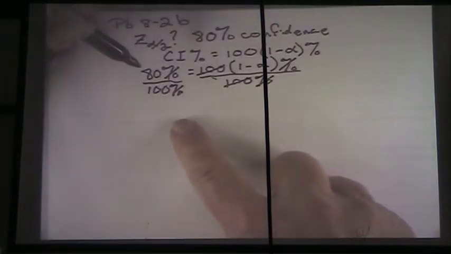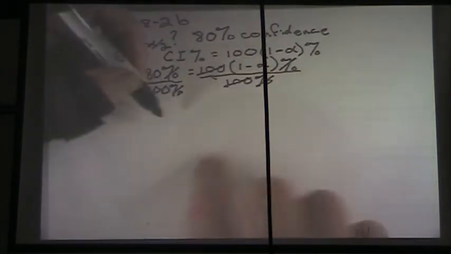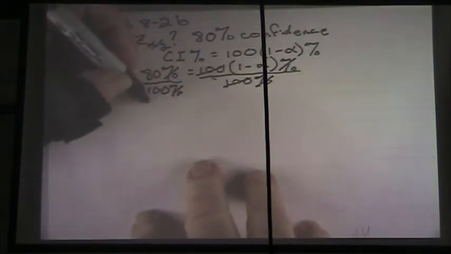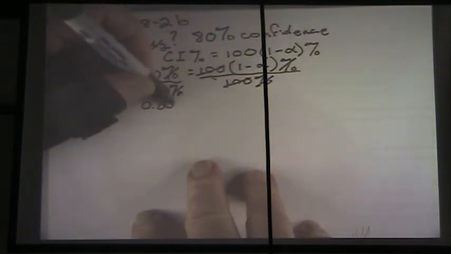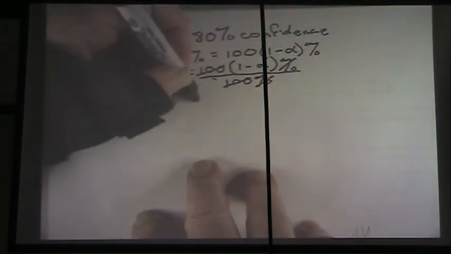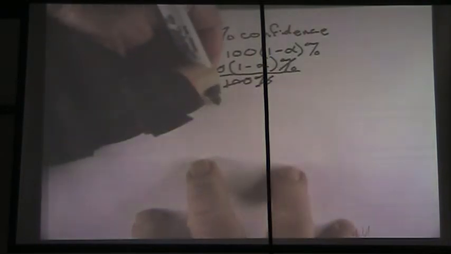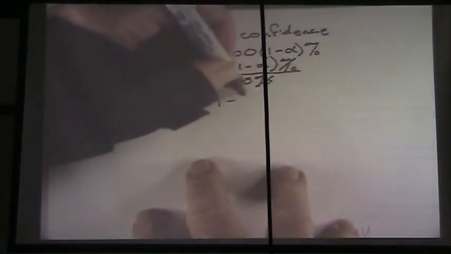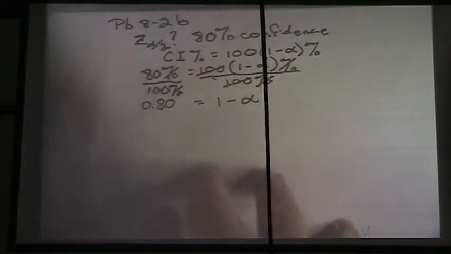I could simplify it to 8 divided by 10, but it would be pointless. So that becomes 0.80 equals 1 minus alpha.